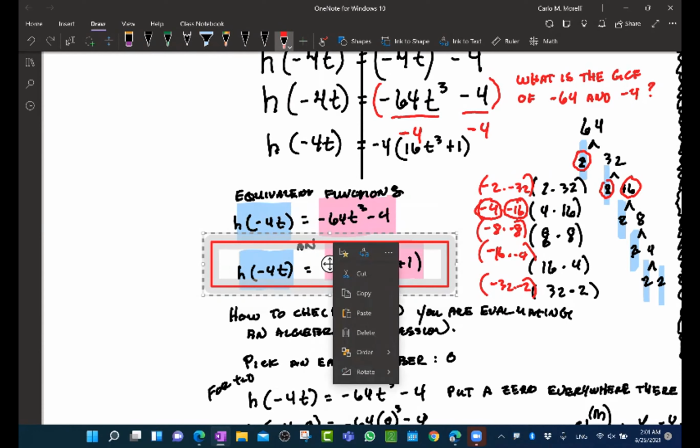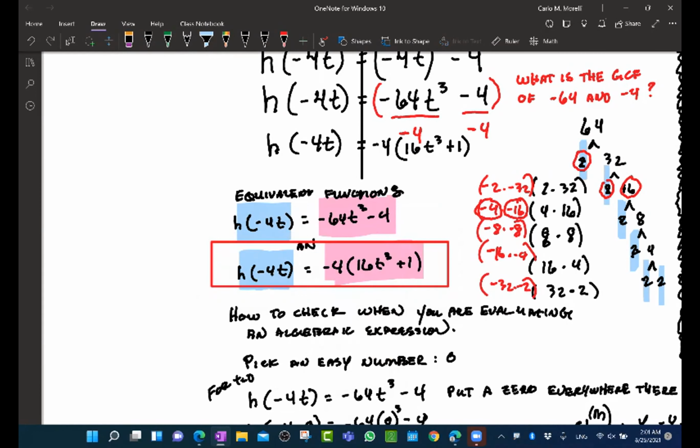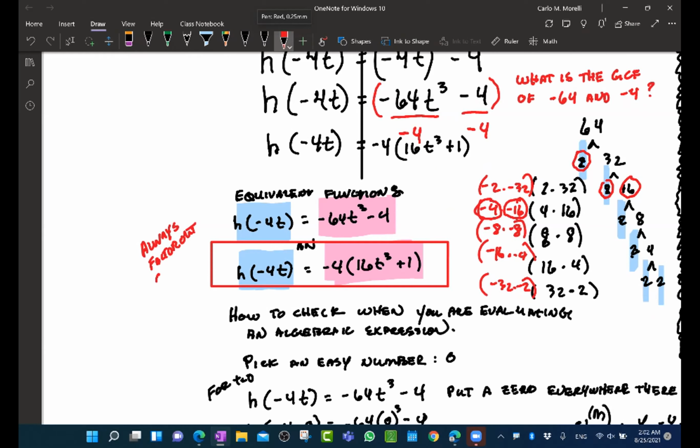So I want to see that one where you factored out the greatest common factor. So just so you know what my class expectations are, always factor out GCF when possible.